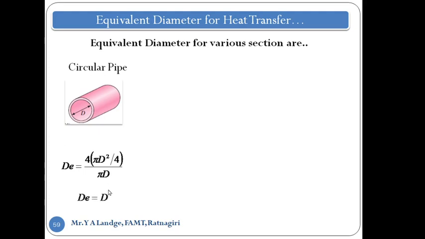When we solve this, we get D equivalent equal to D. It means the equivalent or hydraulic diameter for a circular pipe is itself the diameter of the pipe.